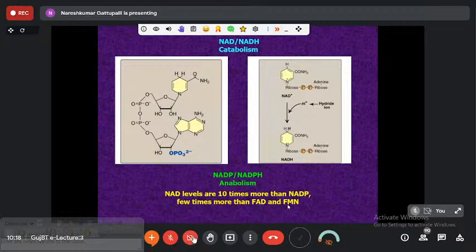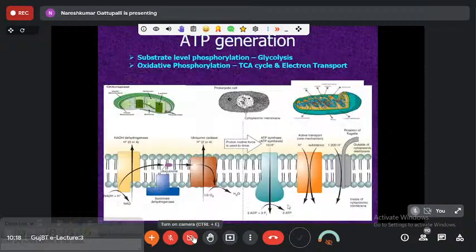And compared to NAD and NADP, as we have already seen, catabolism is much more dominant. It is reflected also in NAD levels: NAD levels are 10 times more than NADP in the systems. So this is how metabolism mediates its functions through these cofactors.